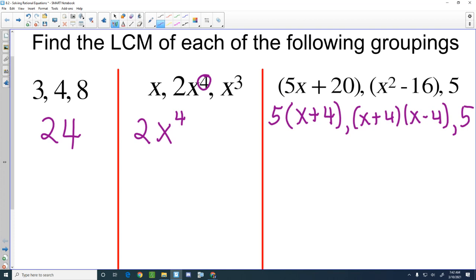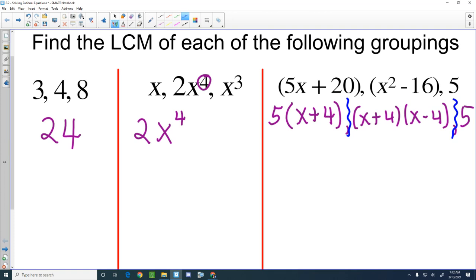So now look at these 3 different groupings. Let me separate it a little bit clearer there. And the LCM is going to be just a new combination of factors that basically contains each of those separate groupings. So first look at the coefficients. What coefficient do we need in our LCM?